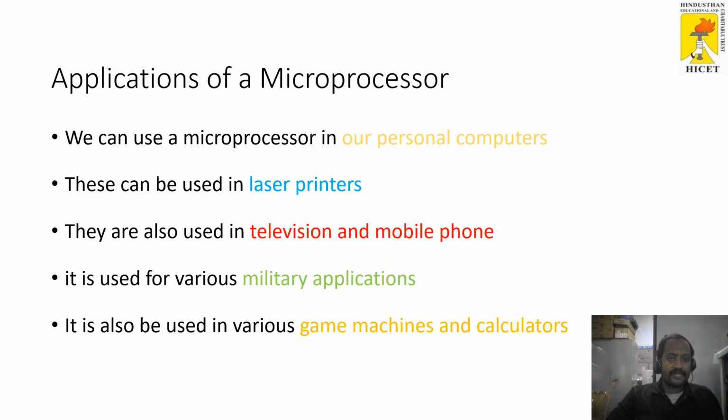Regarding the applications, microprocessors are used in our personal computers, laser printers, television, and our day-to-day usage such as mobile phones. They are also used in various military applications, game machines and calculators.